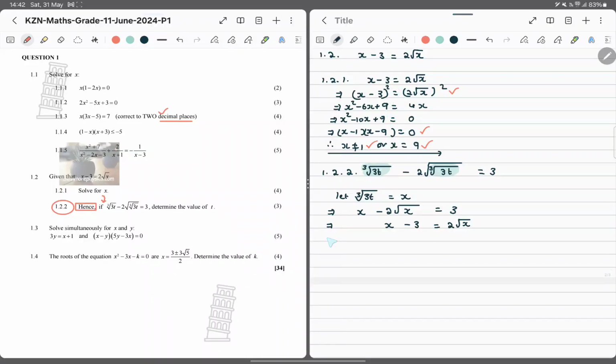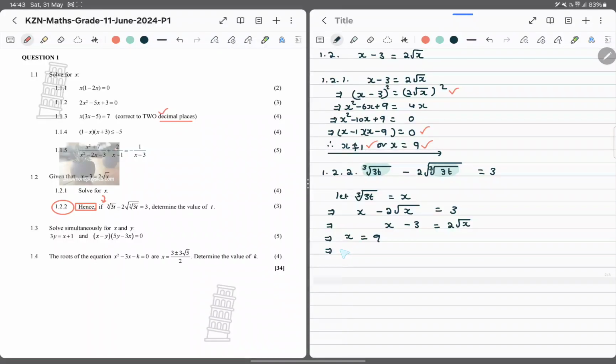We just skip to the answer. We need to solve here. So there's only one solution, right? It's that one. So we know that x is equal to 9 because we cannot have 1.